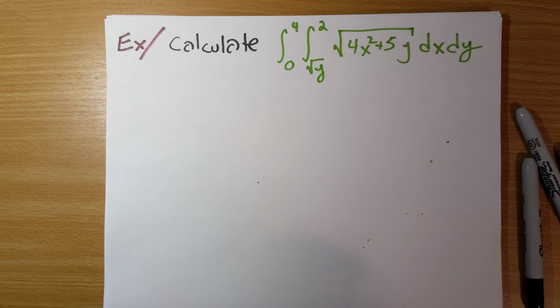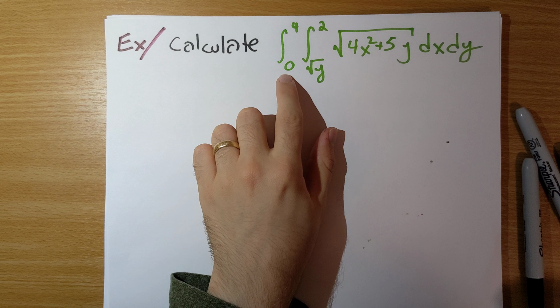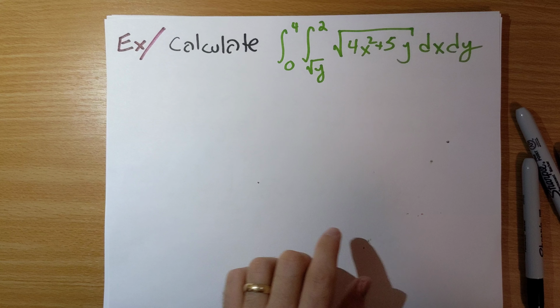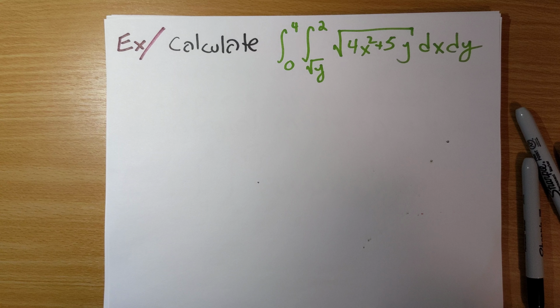Okay, maybe again in a similar spirit here, evaluate this integral. The integral where y runs from 0 to 4, x runs from square root y to 2 of square root of 4x squared plus 5y, all of that dx dy.